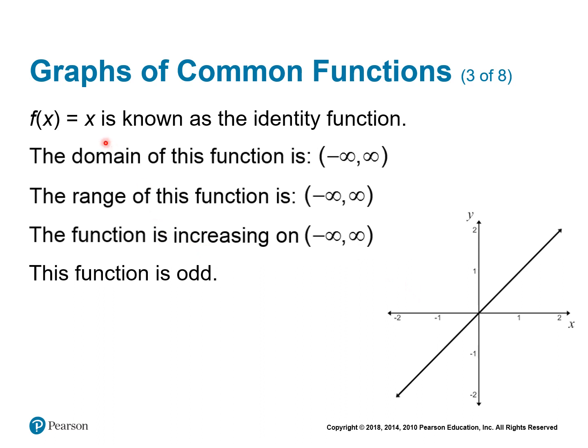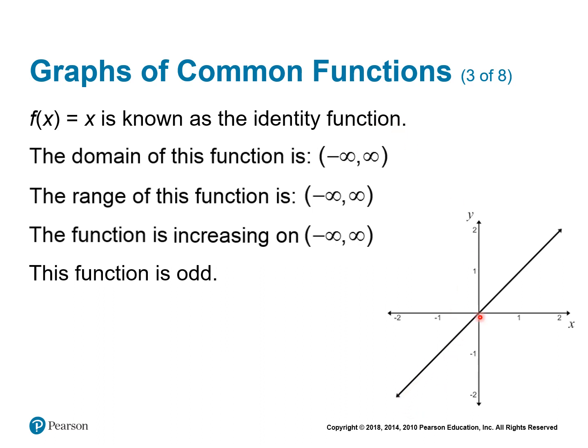It is also the equation of a line, but it's called the identity function because whatever value we input into x is going to be the y value. The y value is going to be identical to the input value of x. So if x is -1, f of x is going to be -1. If x is 0, the y value is going to be 0. So that's why it's called an identity function.